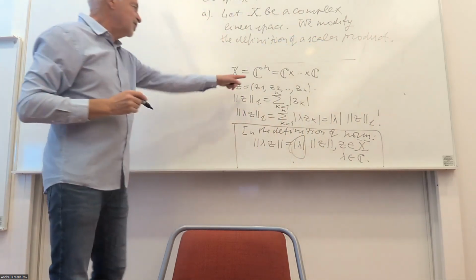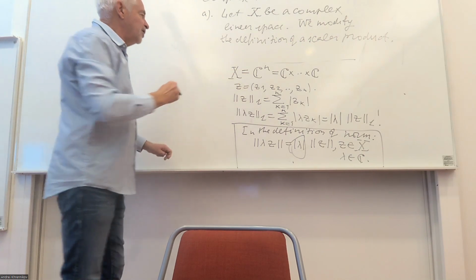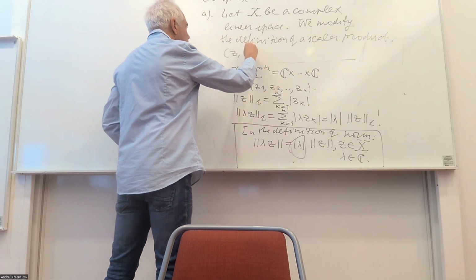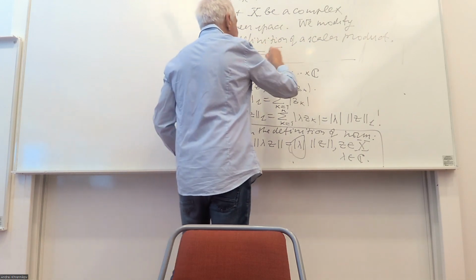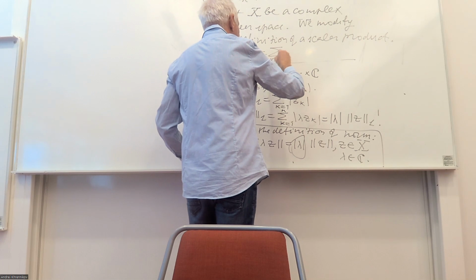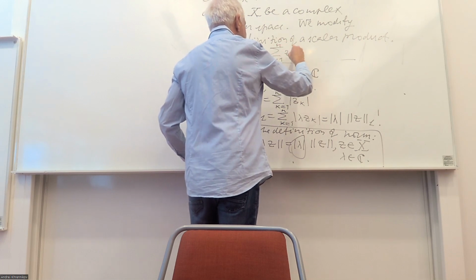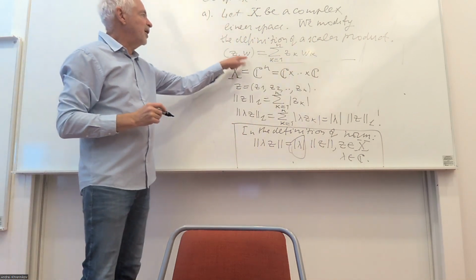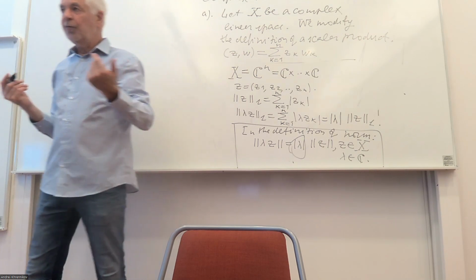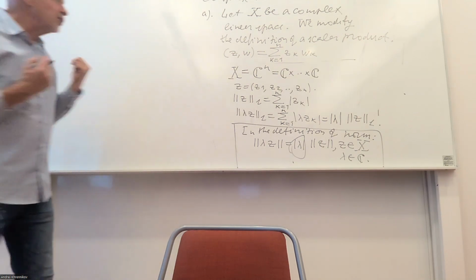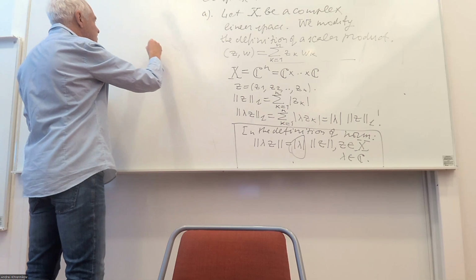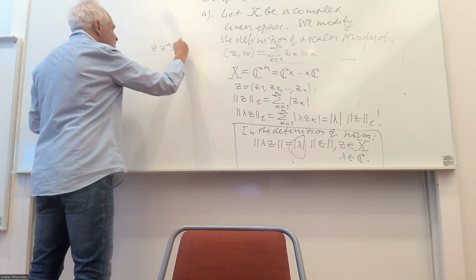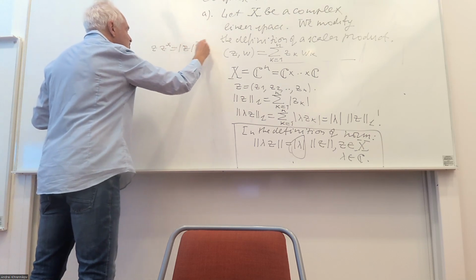Again, we start with this example, C^n, but here we introduce the scalar product of two vectors z, w. If you write it in this way, the sum for k from 1 to n of z_k w_k, then if you multiply z by z, it would be z squared, which is not necessarily positive. To make it positive, we use that if you multiply z by z star, it is |z| squared, so it is non-negative.